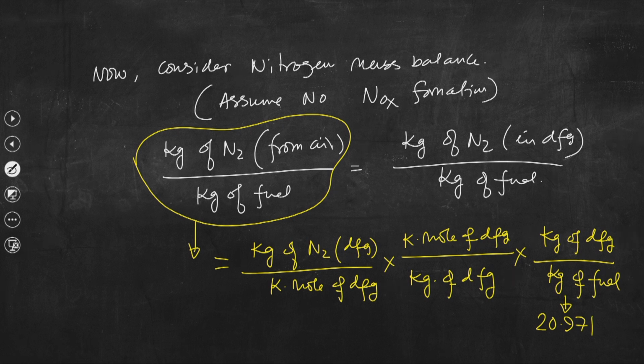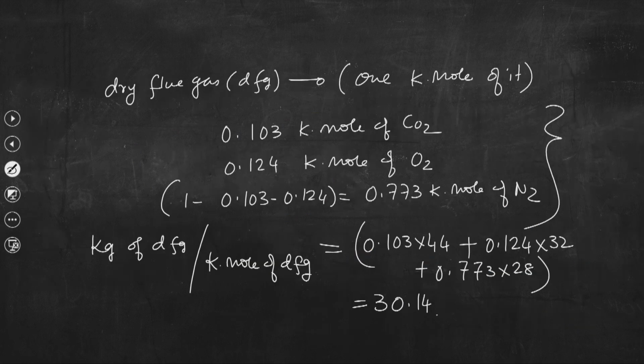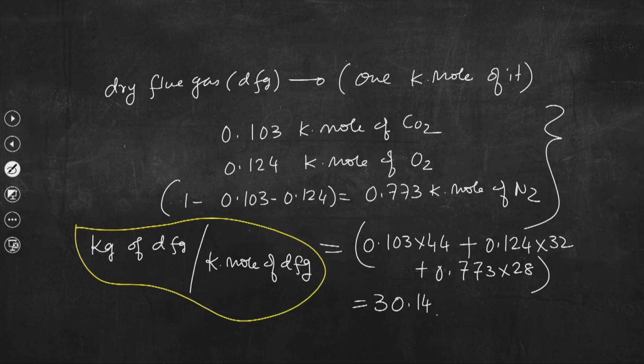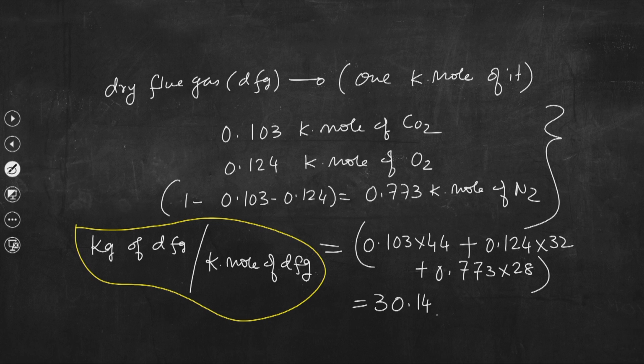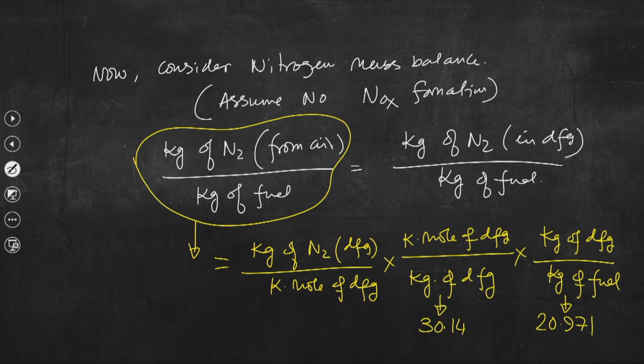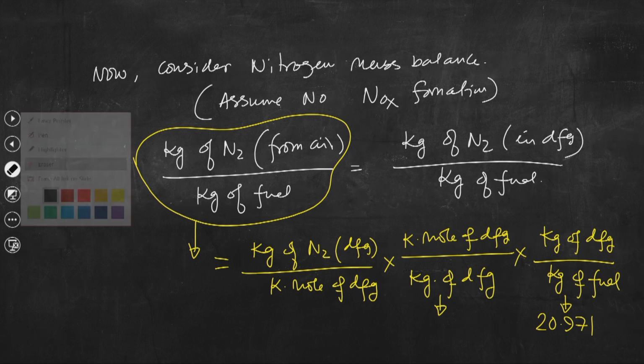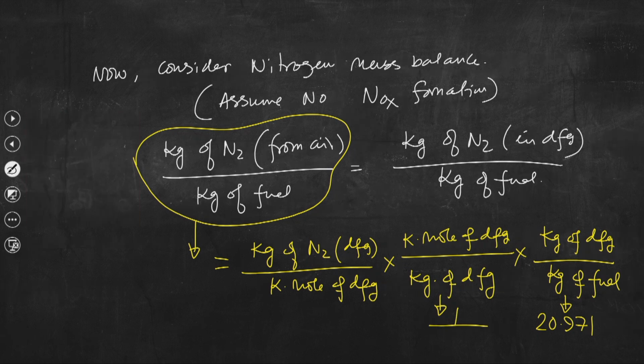If we go back to the previous slide, we have already calculated kg of DFG per kilomole of DFG, that is 30.14. Here we have kilomole of DFG by kg of DFG, so it should be 1 upon 30.14. And for 1 kilomole of DFG, how much kg of nitrogen?